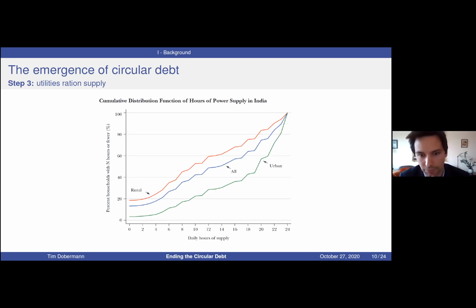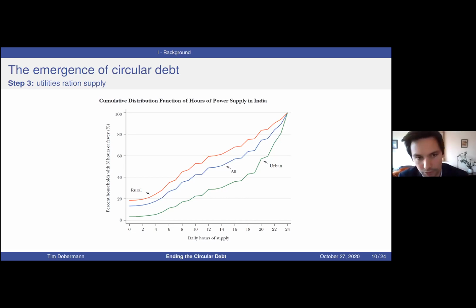The reality is that there is not 24/7 access to electricity, and this load shedding is coming in part from the revenue situation that the utility faces. So why is this a challenge?